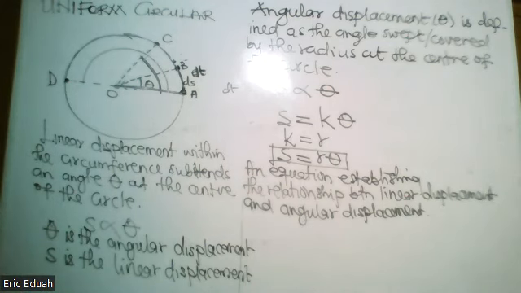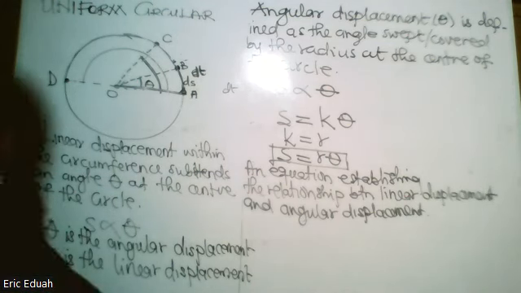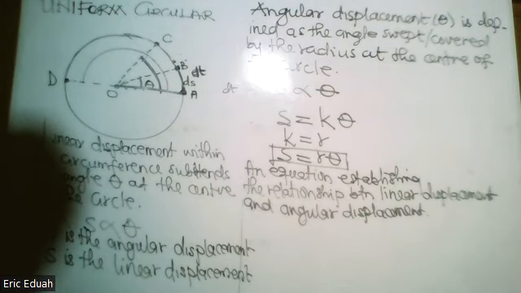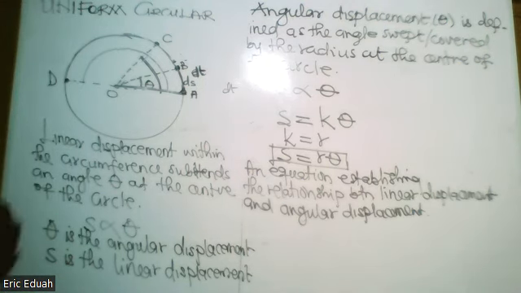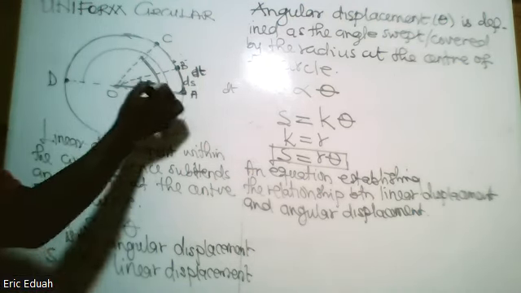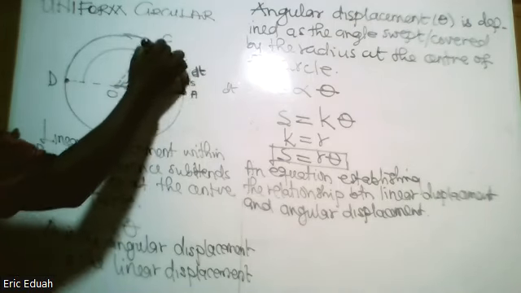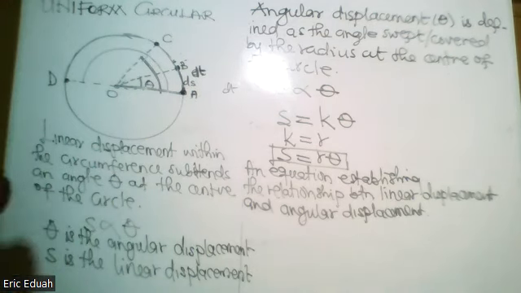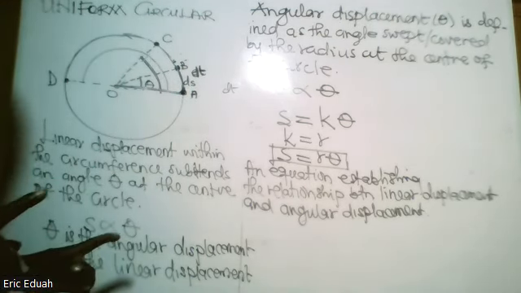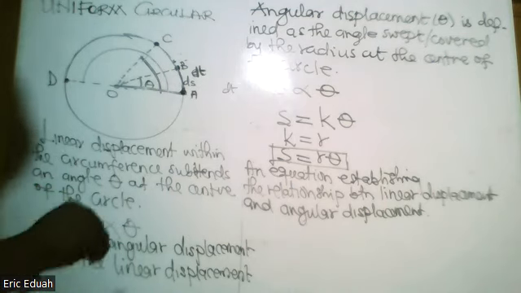Isn't it that in circular motion, the displacement around the circumference is described as linear? It's not necessarily linear. Or should we just take it like that? It's linear because within the circle, when I consider any two points, maybe A to C, a distance is any interval between two points.